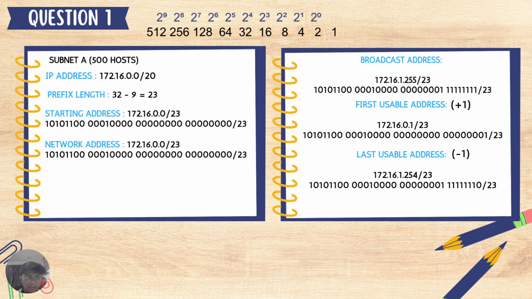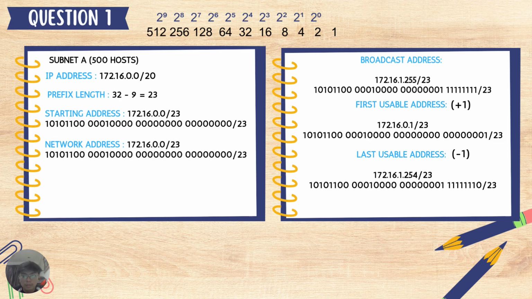Next is the network address. The network address is basically the same as the starting address, 172.16.0.0/23. Next is the broadcast address.